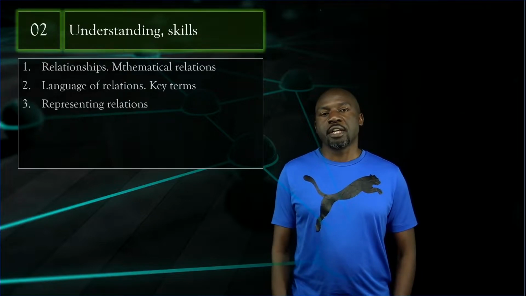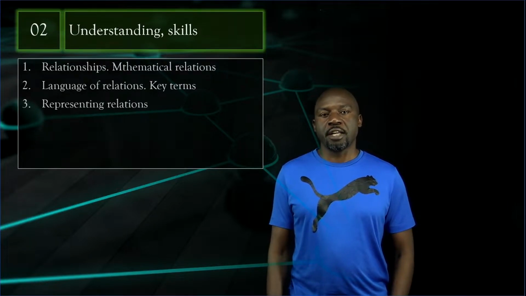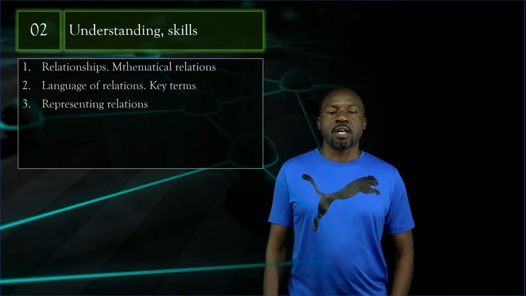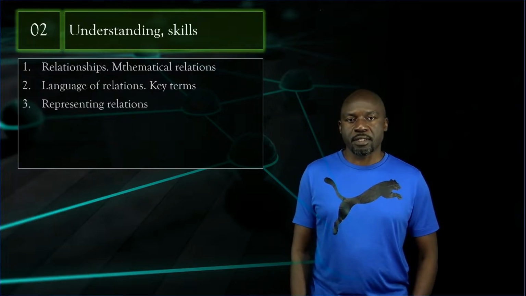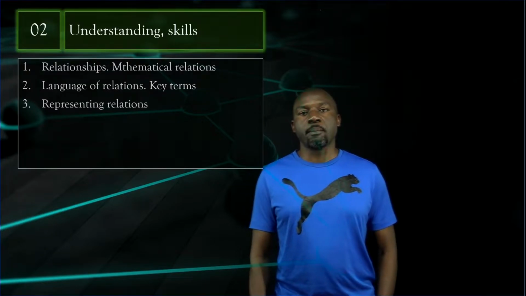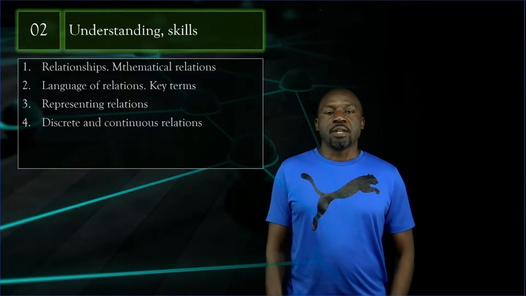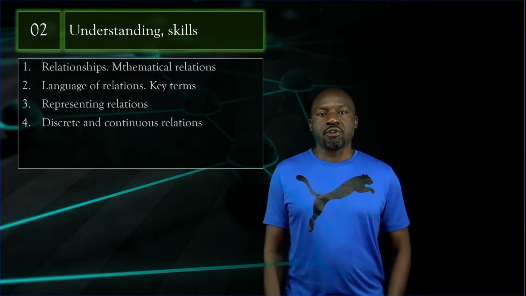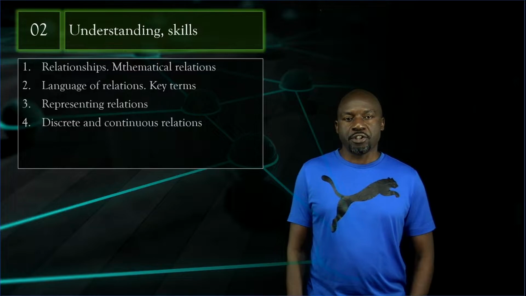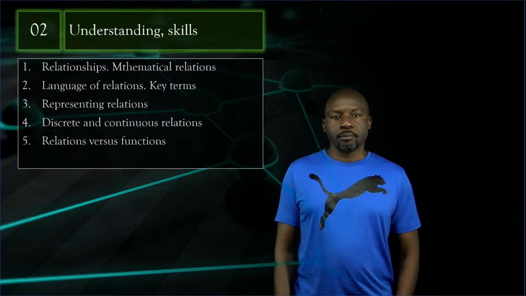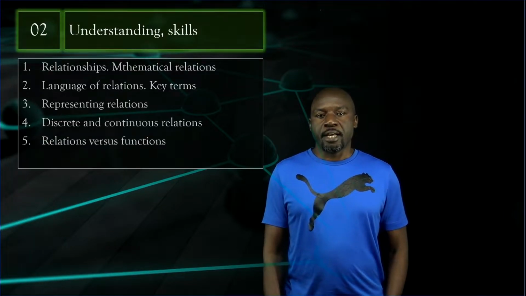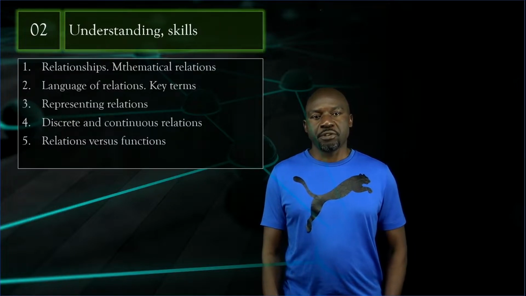Okay, and what are the advantages of presenting a relation in one form and not the other in terms of these 6 ways of presenting them? Point number 4, we want to look at what it means to be a discrete versus continuous relation, okay? And then we will get into relations versus functions.